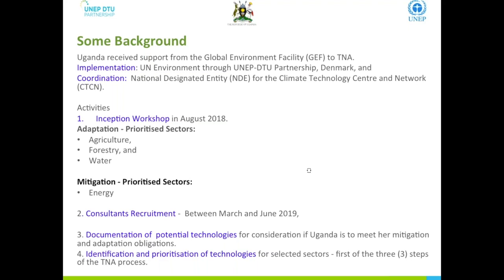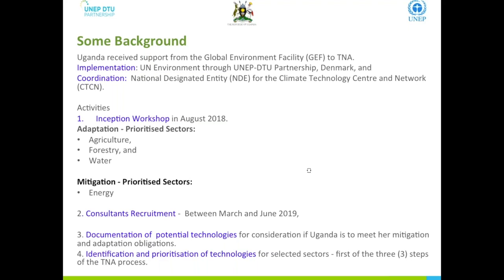The idea was to identify which sectors we as a country want to address if we are to go along with the implementation of the Paris Agreement, and more so to see how we can address our NDCs.